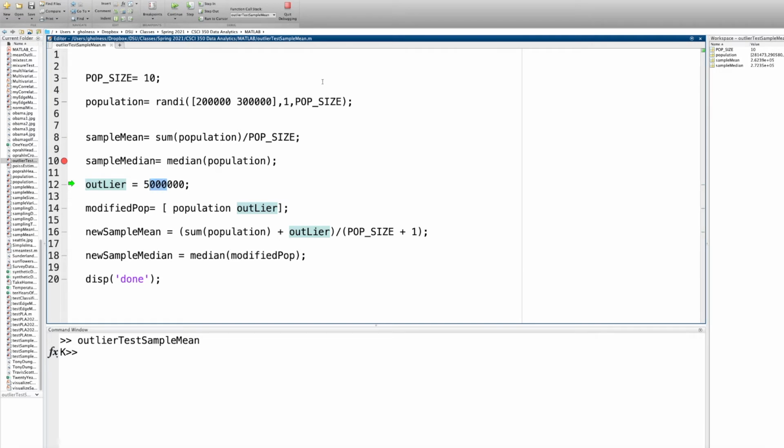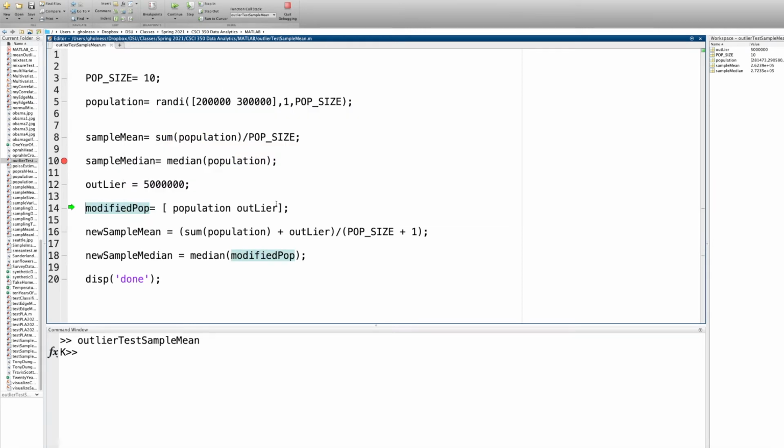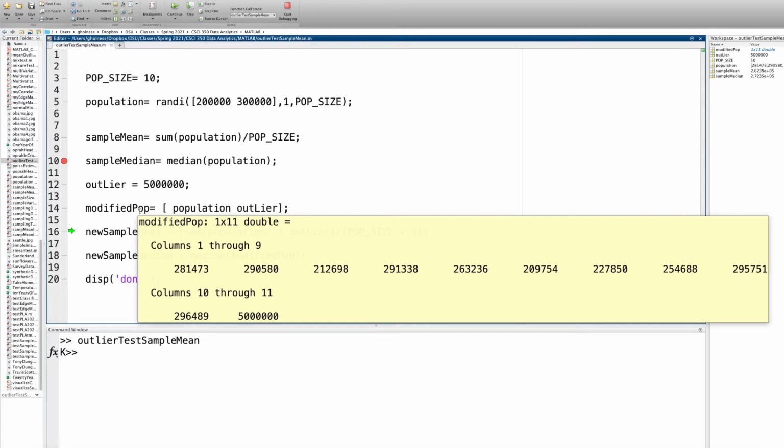It's an outlier on the right, much greater than all the other values. 5 million is much, much greater than 300,000. So let's modify the population: take our original sampled population and add the outlier to it. Step, let's look at the modified population. You can see there's the 5 million.